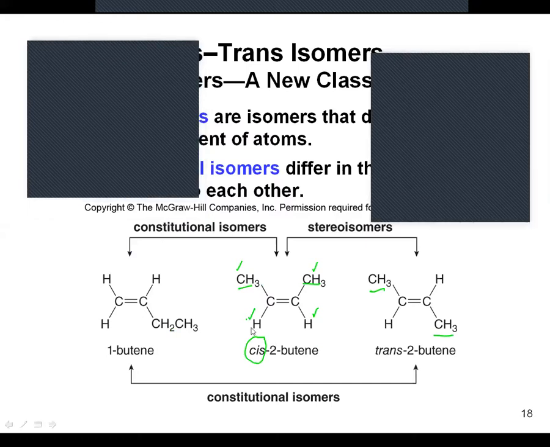Again, in this case, the difference is here we have a run of CH2, CH3, while over here we don't have that run. We have this sort of run of carbons together. So that's why these two guys are constitutional isomers, different bonds, and stereoisomers are different arrangement in three-dimensional space.